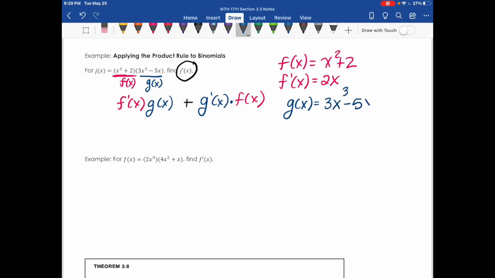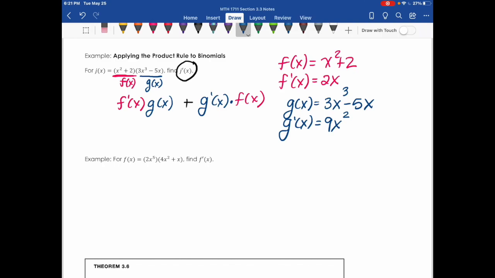Now, if I do the same with g of x, we said g of x was 3x to the third minus 5x. Using the same rule, that combination of power rule, constant rule, all those shortcuts we have, I'm going to bring the 3, the exponent, down in front. And since I already have a number down in front, I'm going to multiply.